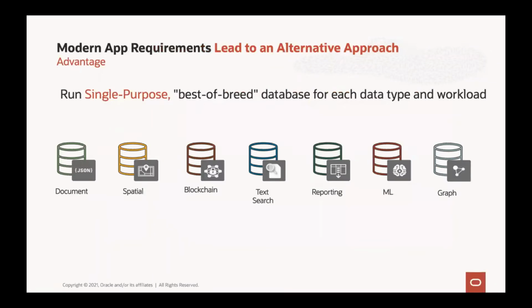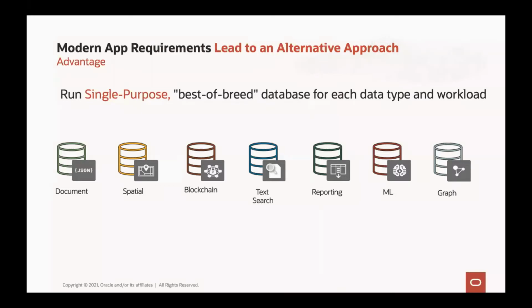So if we want to combine all this in our new project from the development phase, we would have to use multiple data stores for the different types of data and for the different workloads. We have to use, for example, a document store for JSON and XML.